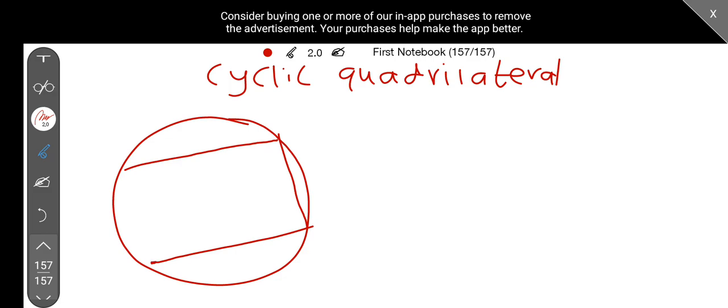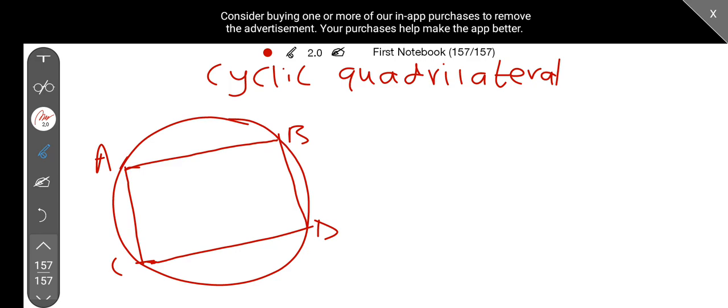Let's extend this line a bit and then like this. It's better. So we've got A, B, C, D. Well, A, B, C, D is cyclic. Why? Because the 4 points touch the circle, inside the circle, right?